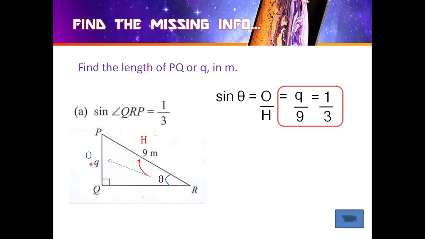You must have the pairing system here. So Q over 9 equals 1 over 3. So we put it here. Q over 9, you have the proportion. So Q is equivalent to 1 over 3 times 9. So actually Q equals 3 meters. The length of Q is 3 meters. That is the answer.